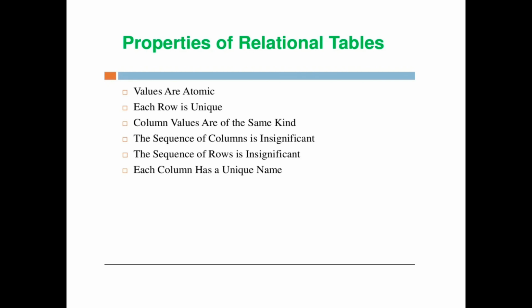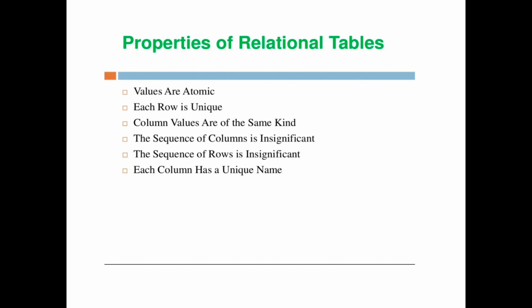These are the properties of a relational table. Values are atomic, and each row is unique. Column values are of the same kind, meaning the same data type.